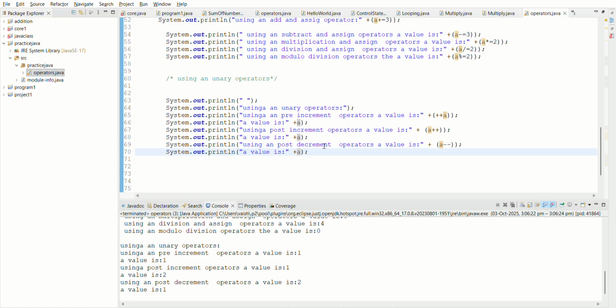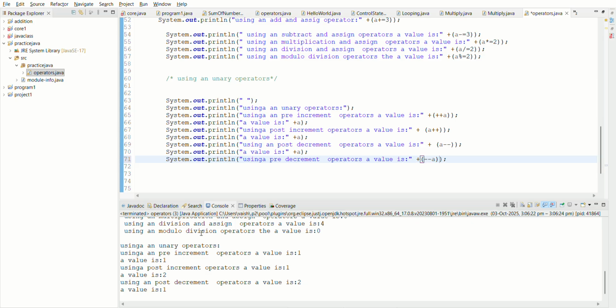So pre-decrement means it decrements before printing. Suppose you use System.out.println with the pre-decrement operator, the a value is 1 minus 1, so the a value here is 0.